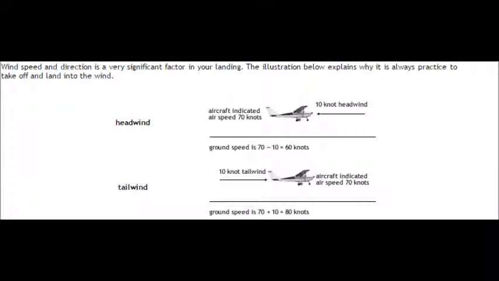With a 10-knot tailwind and the aircraft indicated airspeed at 70 knots, the ground speed is 80 knots. It is better to take off and land with a lower ground speed than the aircraft indicated speed. Thus, the headwind is better for takeoff and landing than the tailwind.